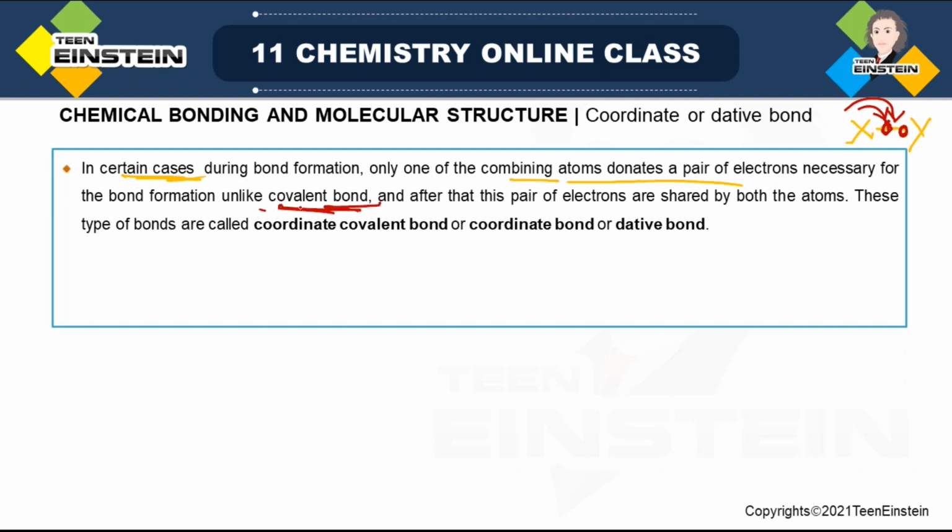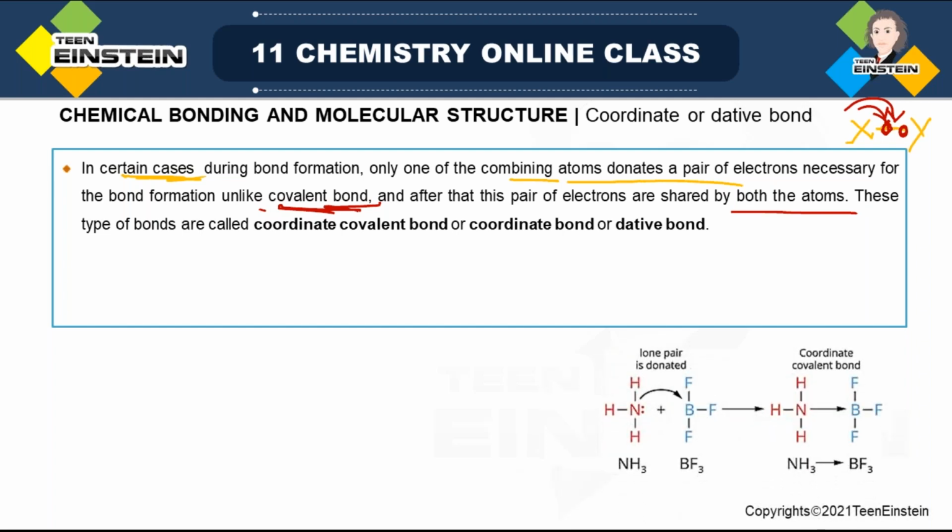Because in covalent bond each atom gives one electron, but in this case both the electrons come from a single atom, and after that this pair of electrons is shared by both the atoms just as usual. It is known by different names. Sometimes we call it coordinate bond or coordinate covalent bond or simply dative bond.